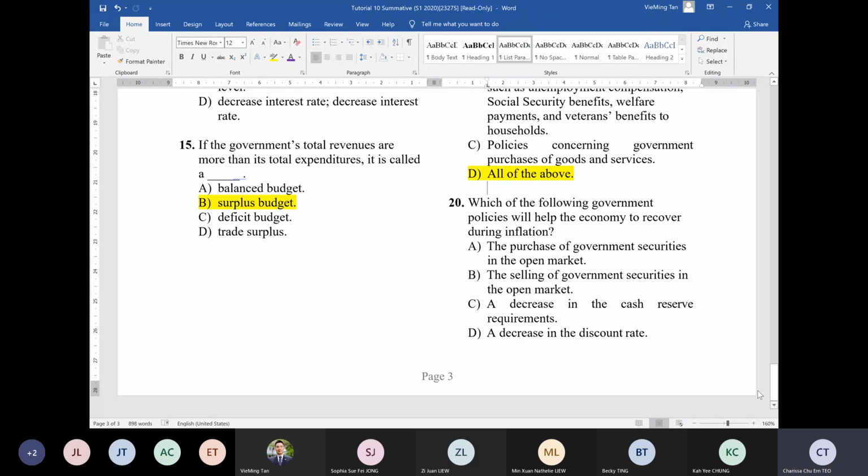Okay, discount rate is a type of interest rate. If the interest rate is lower now, that means it's cheaper to borrow money. So that means it's a cheaper borrowing cost.